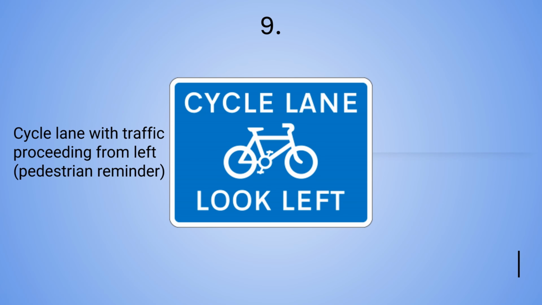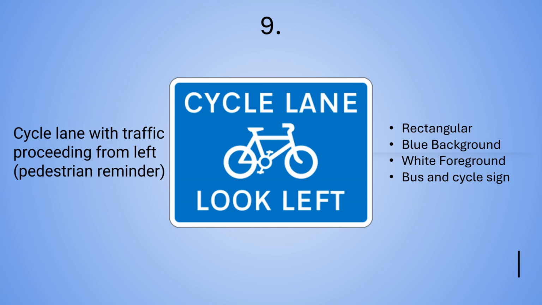The next sign is a cycle lane with traffic proceeding from the left. Pedestrian reminder. Again, this sign is rectangular in shape on a blue background, white foreground, and it's a bus and cycle sign. As you can see at the bottom underneath the bicycle, it says look left.